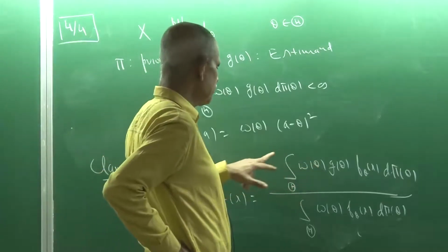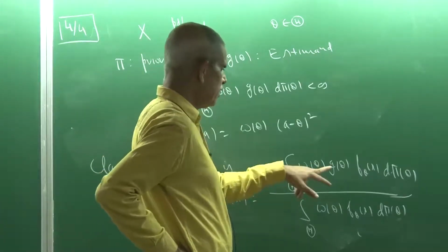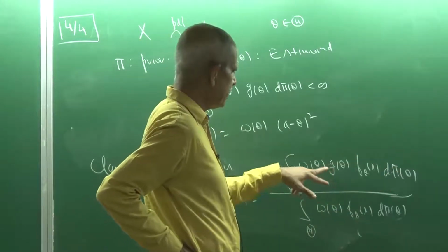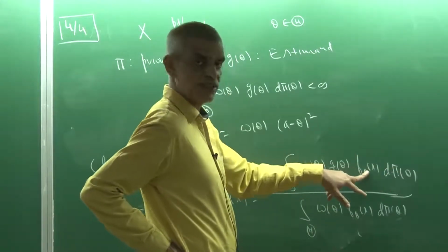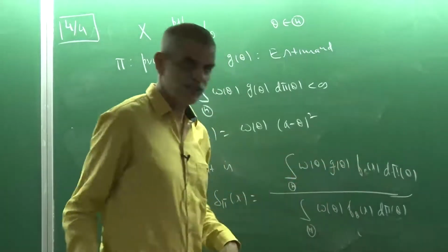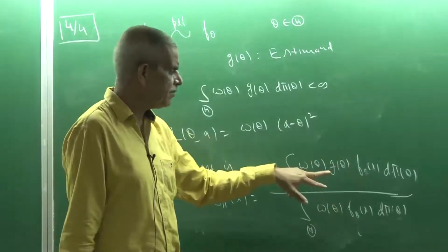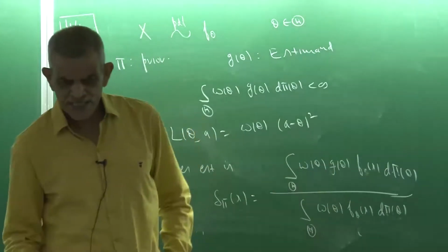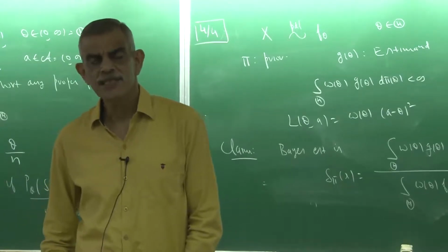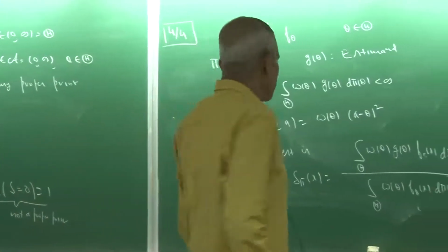W theta comes outside because w theta is 1, then g theta f theta x d pi theta by the marginal of x. So that means the integral of g theta with respect to the posterior distribution. So in that case, if w theta is 1, this becomes the posterior mean of g theta, which matches with our observation that if you have a squared error loss function, the Bayes estimator is the posterior mean.